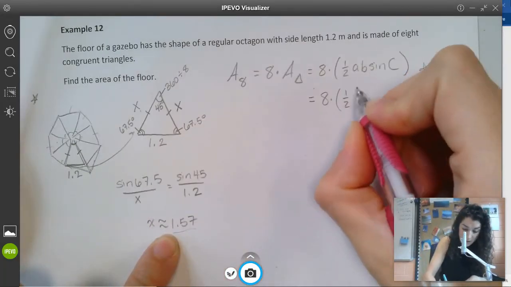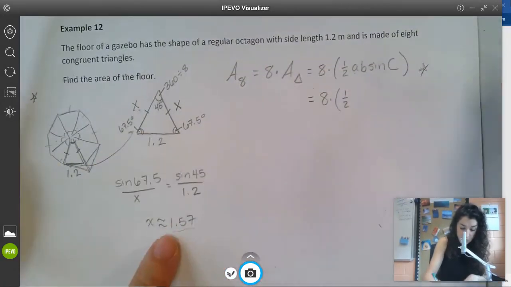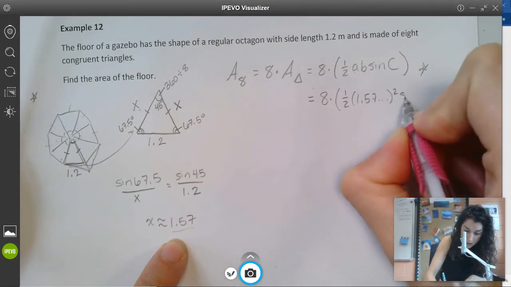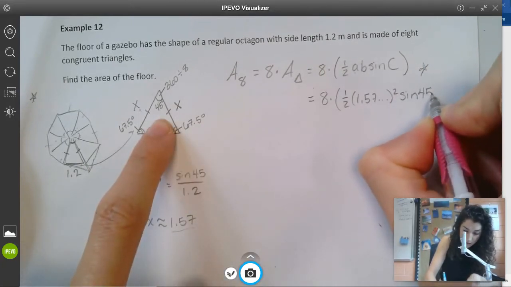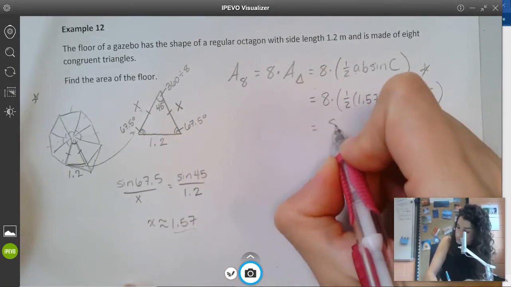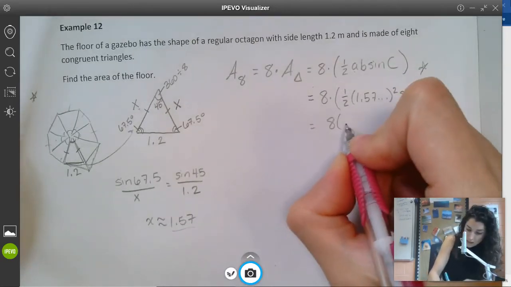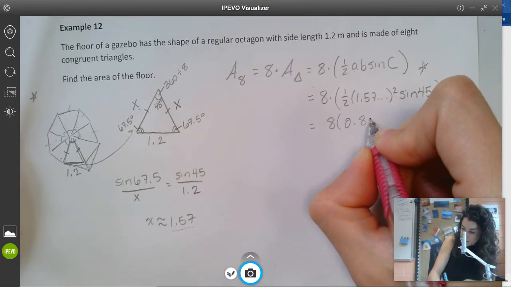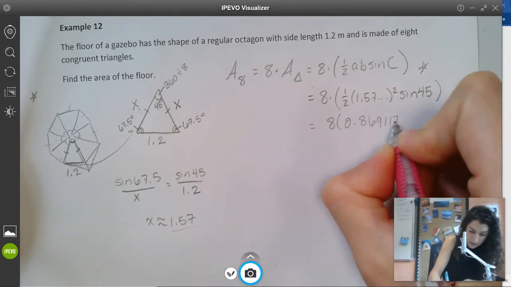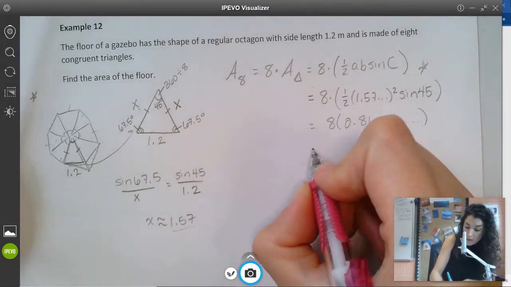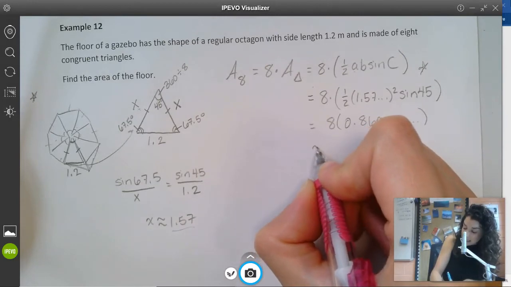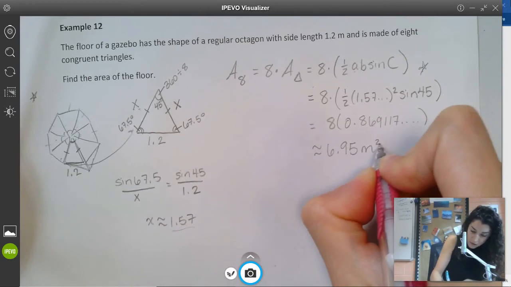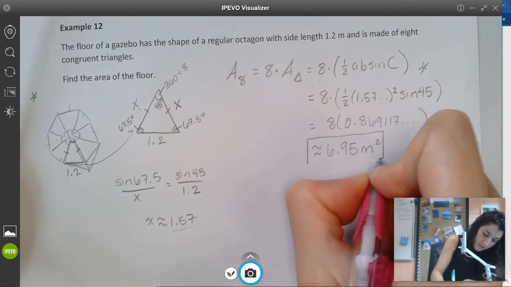So a times b would be x times x, which is this squared, times the sine of the angle in between. The area of the triangle is about 0.869117, something. Multiply that by 8, and we get 6.95 meters squared.